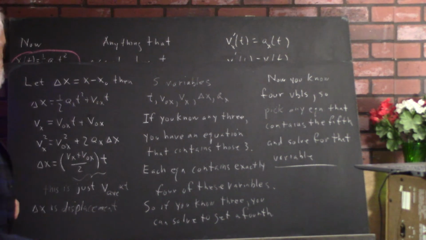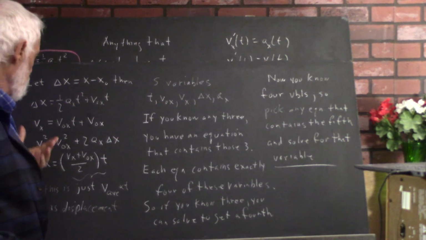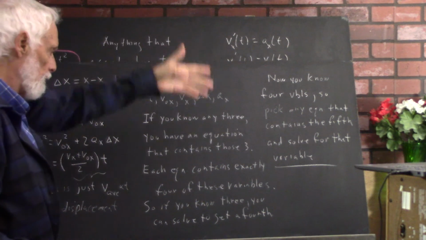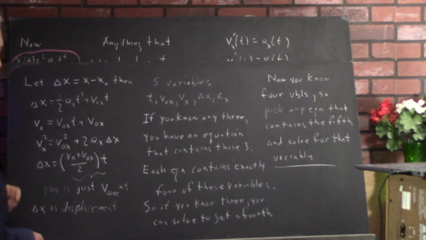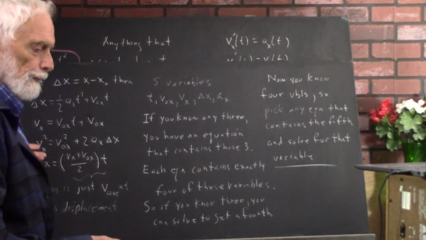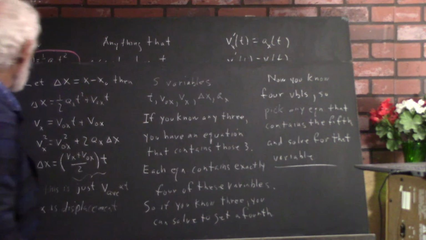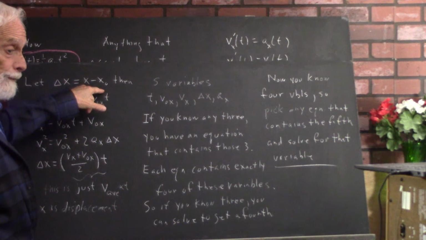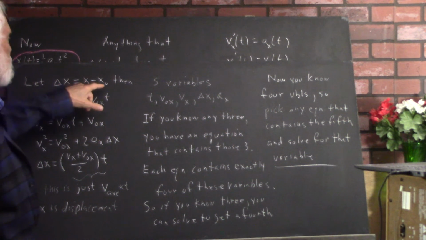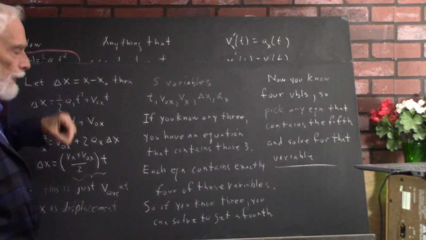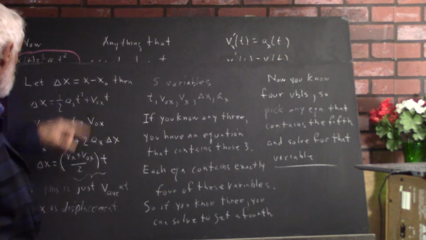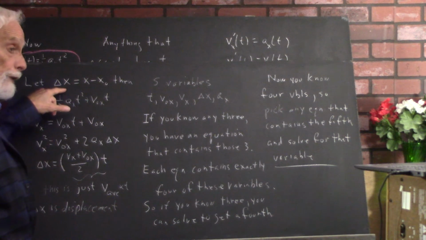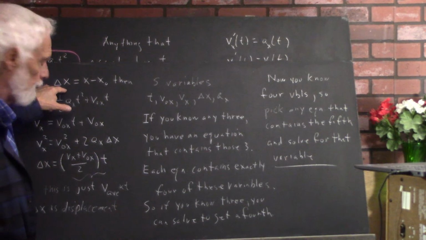Okay, with the equations that I wrote that I no longer have visible, and I don't have room to move this over and see them, but if you have written them down you can see how this works out. If delta x is x minus x naught, that's a displacement from position x naught to position x, so that's your change in x, your change in your position.